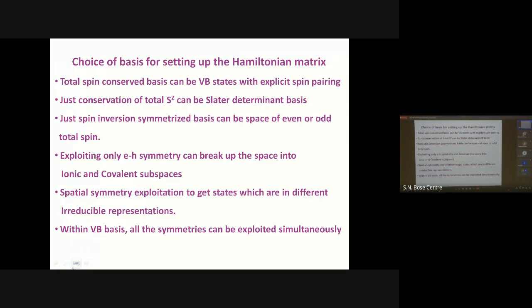And exploiting electron hole symmetry, you can have a covalent space and an ionic space. Spatial symmetry, if you exploit, you will have all the different spatial irreducible representations. And within the VB basis, we have shown that it is possible to exploit all the symmetries, including symmetries of non-abelian groups.